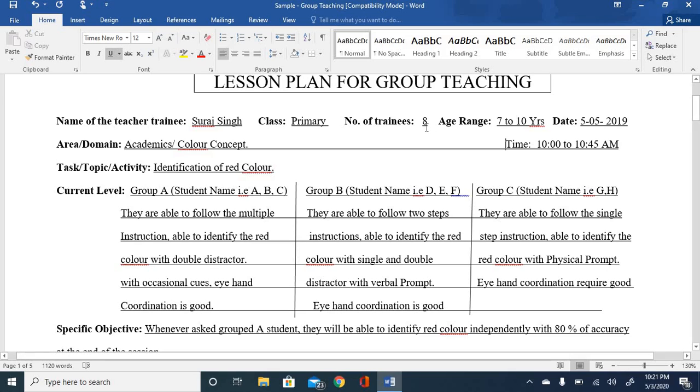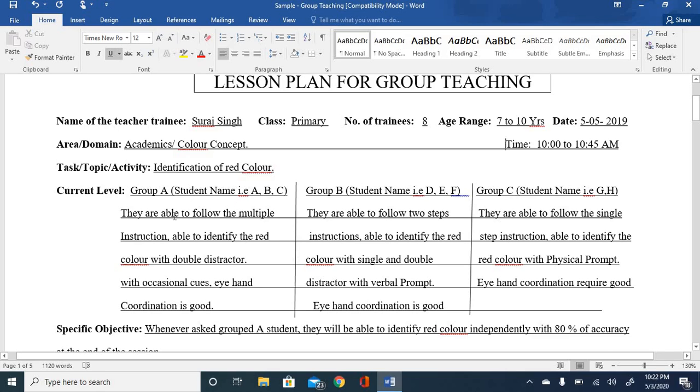So I'm going to divide these 8 students into 3 groups, and mention group A, group B, and group C. You can divide in such a way like mild, moderate, and severe. If you have a profound child in the class, you can go for group D also. So I'm going to find out the current level.